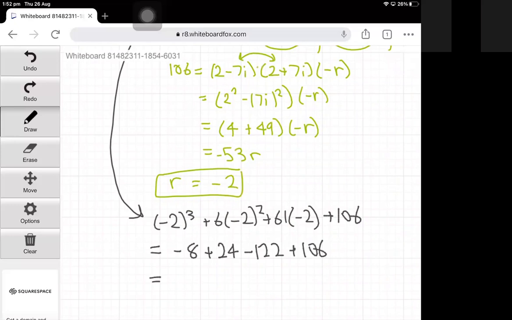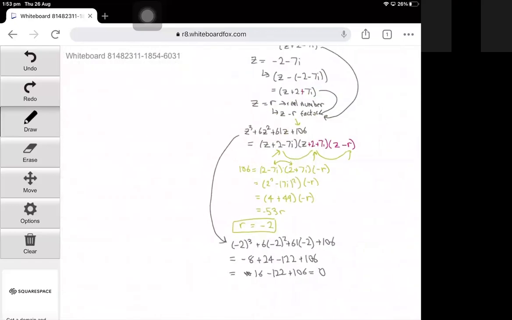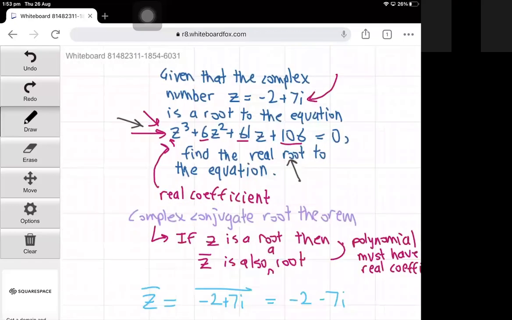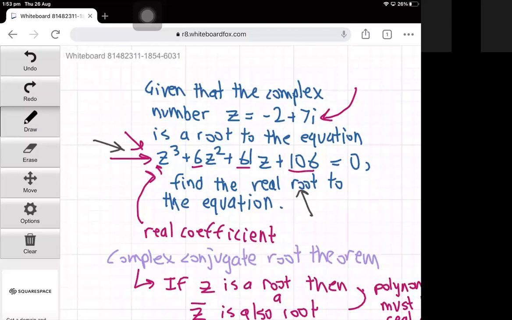And this is equal to 16 minus 122 plus 106, and this is equal to 0. So we've confirmed that minus 2 is indeed the real root of this polynomial.